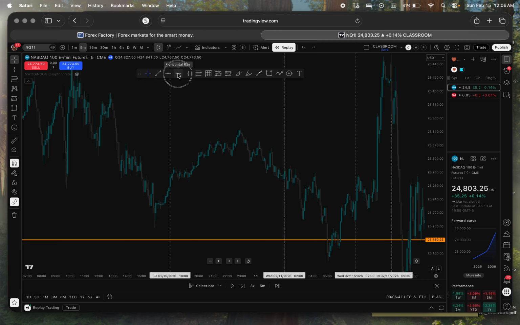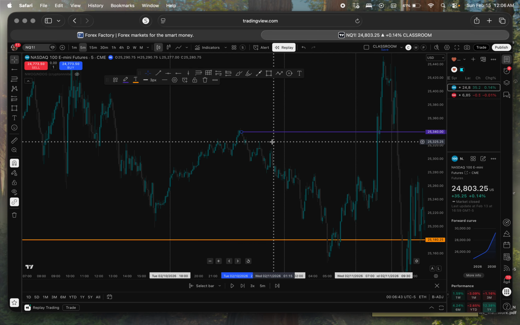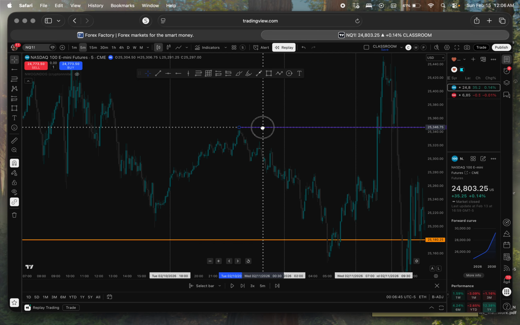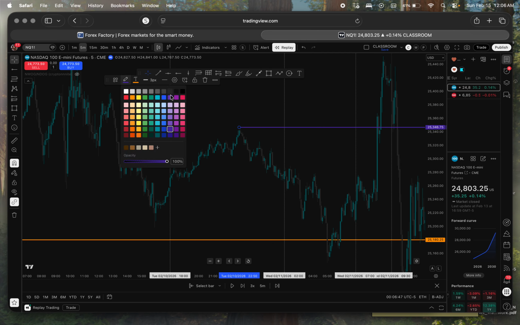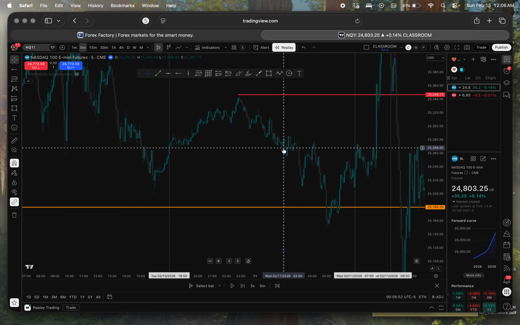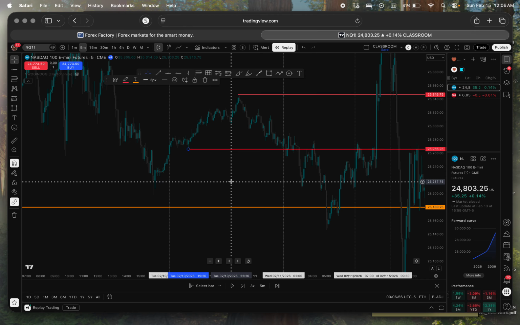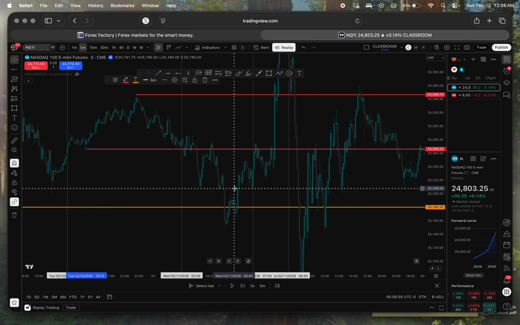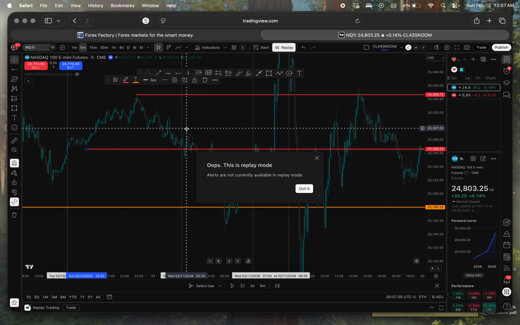So I'm going to take this line. This is the highest price right here. And I'm going to make it red. And then the lowest price is probably, I can put it right here. Cool. Then I'm going to go to London, look for the highest price here.